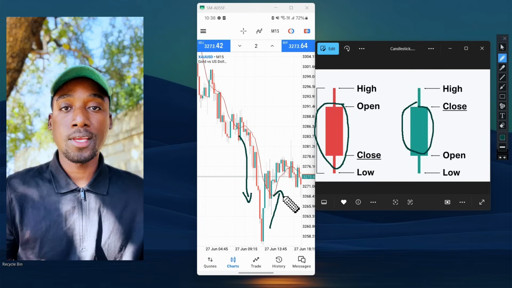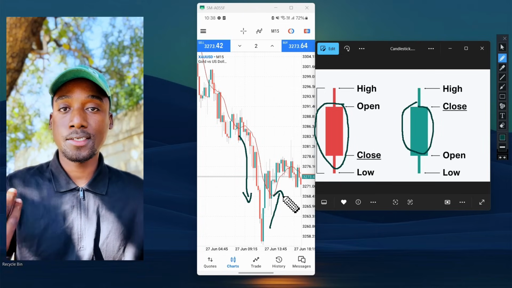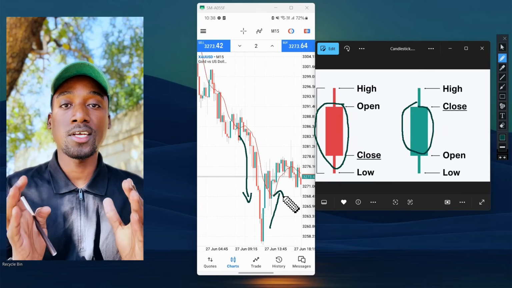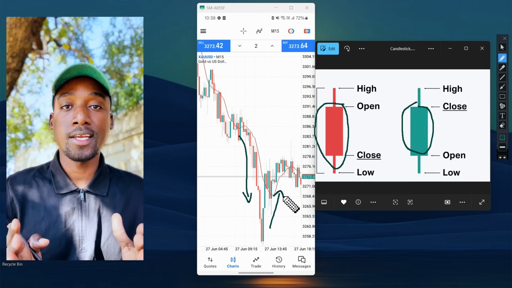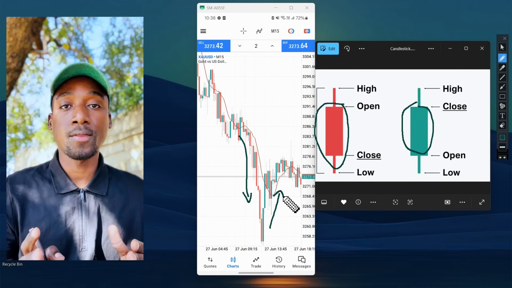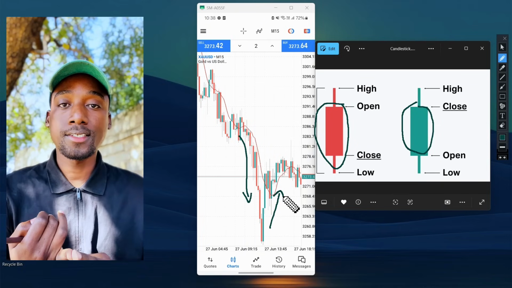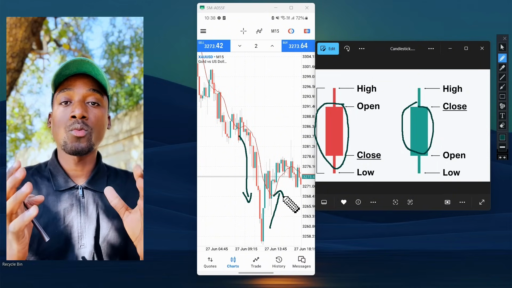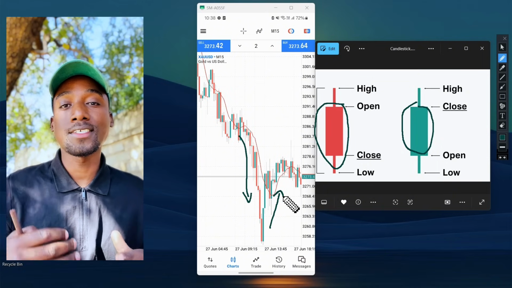Now, if you're a beginner, you would like to know what technical analysis is, because I've not actually shared that yet. Technical analysis is a method of analyzing past data.